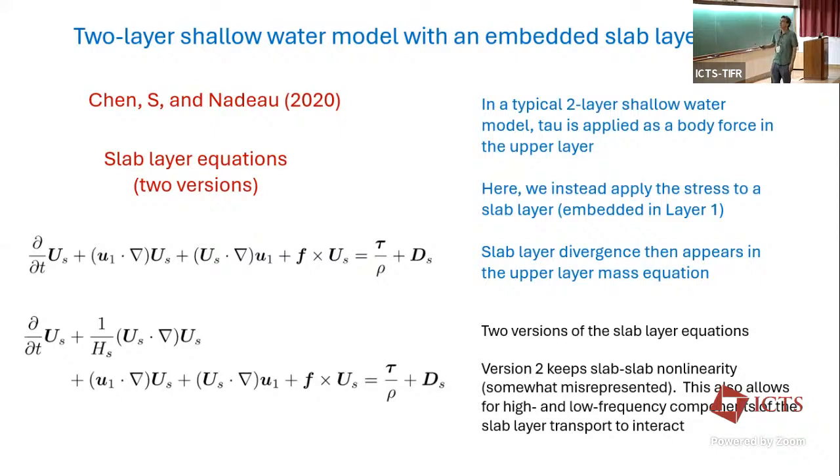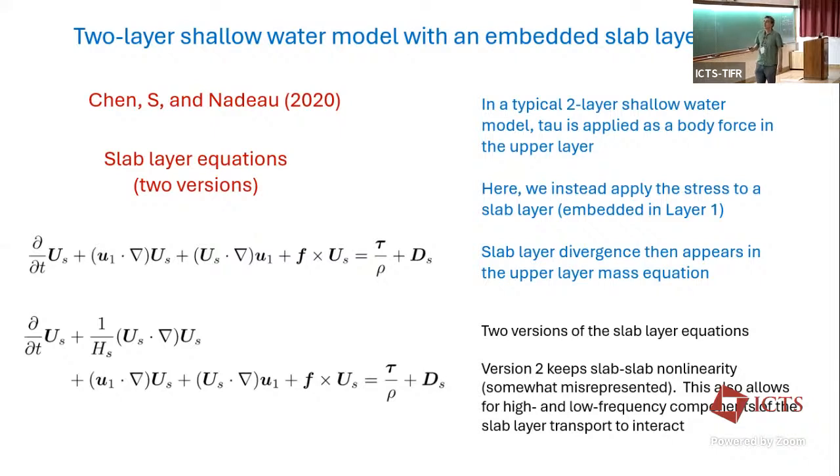What we did is we applied the stress to a nonlinear Ekman-like equation, but this time with the dU/dt term. That's going to give us a slab layer transport, a horizontal transport in the slab layer. I can take the divergence of that transport, and that shows up in the mass continuity equation for the top layer of my two-layer shallow water system.